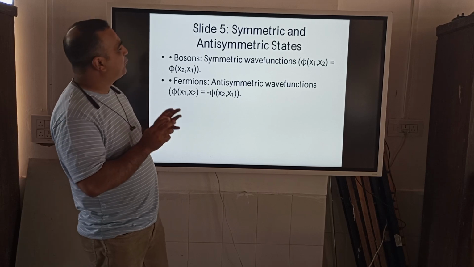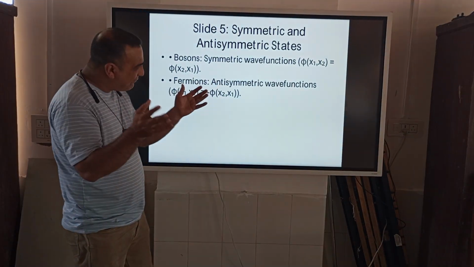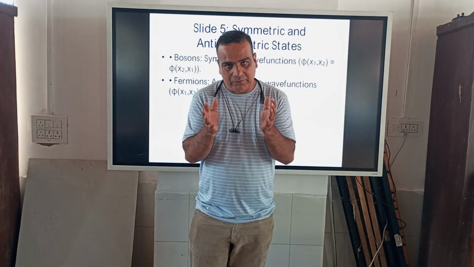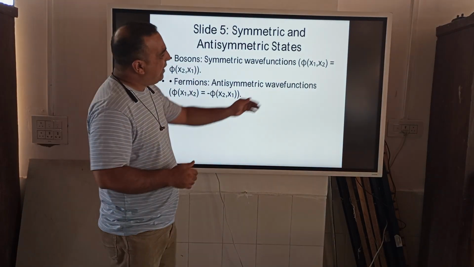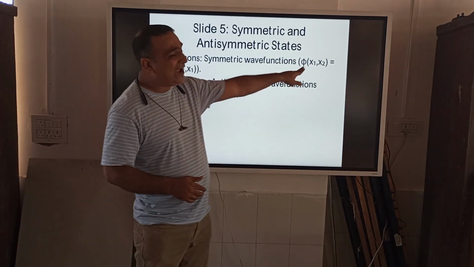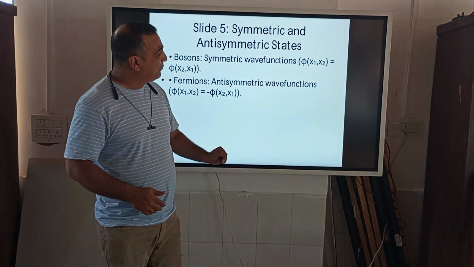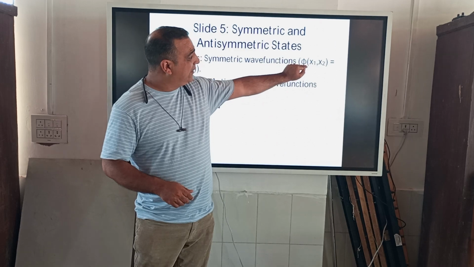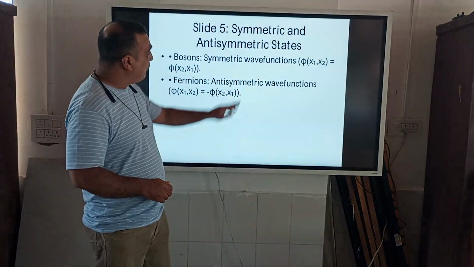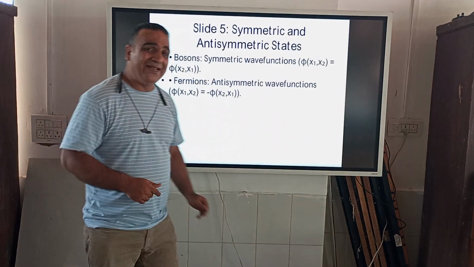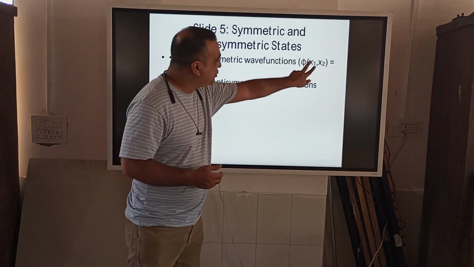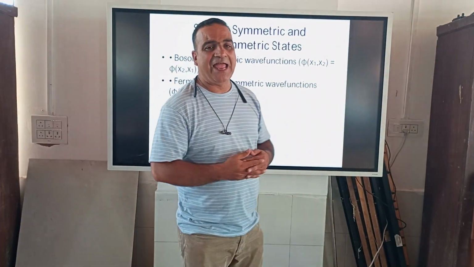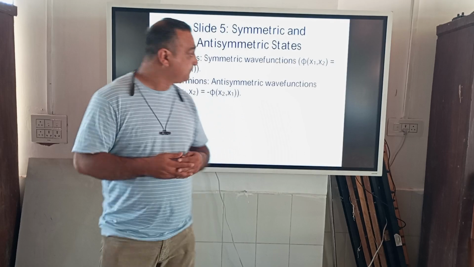Now, symmetric and anti-symmetric states. We have that wave function, and this wave function gives us the information about our system. Say for example, we have a wave function phi of x1 and x2, assuming that x1 and x2 are the probabilistic positions of the particles within the framework of this wave function. If you exchange the two identical particles and the exchange gives you the same wave function, then such a wave function is termed a symmetric wave function.